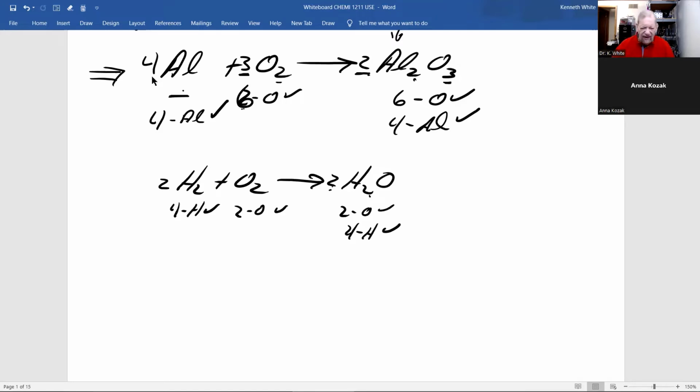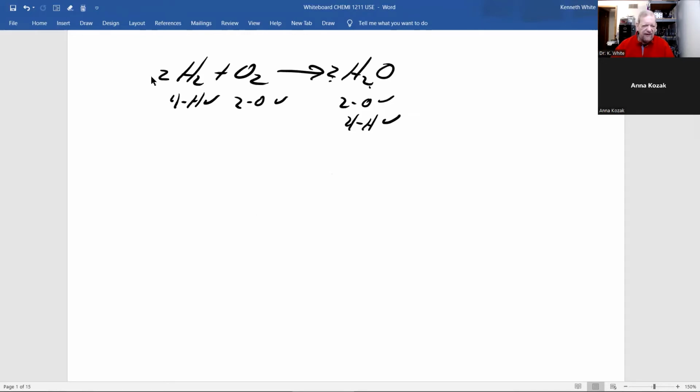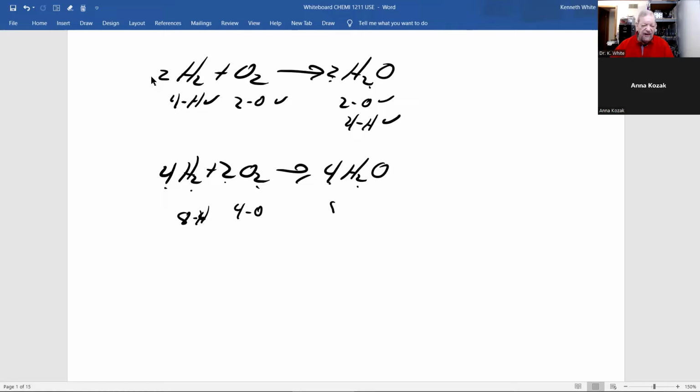Now, what I want to point out, and this is important, this technically, in fact, has the same number of elements and atoms, in type and number, on each side. 4 times 2, 8 hydrogen. 2 times 2, 4 oxygen. 4 times 2, 8 hydrogen. 4 times 1, 4 oxygen.